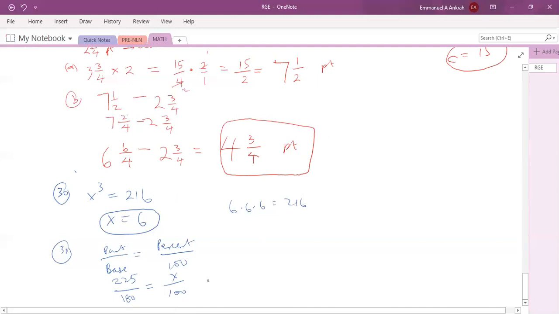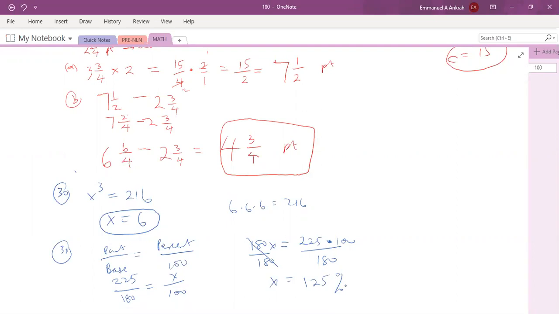If you do the cross product, 180x is equal to 225 times 100, and divide by 180. Then you should get 125%. Correct. So think of percent proportion all the time. That can help you a lot.